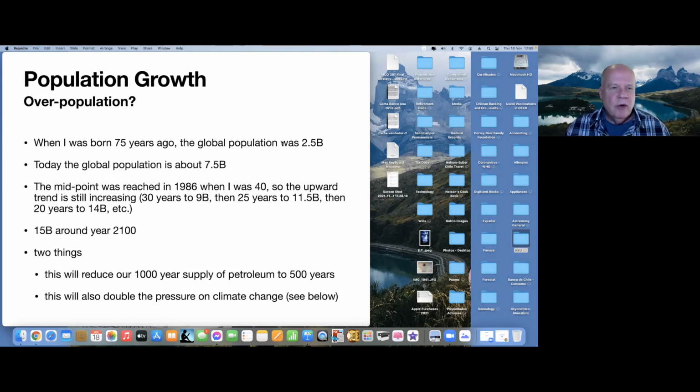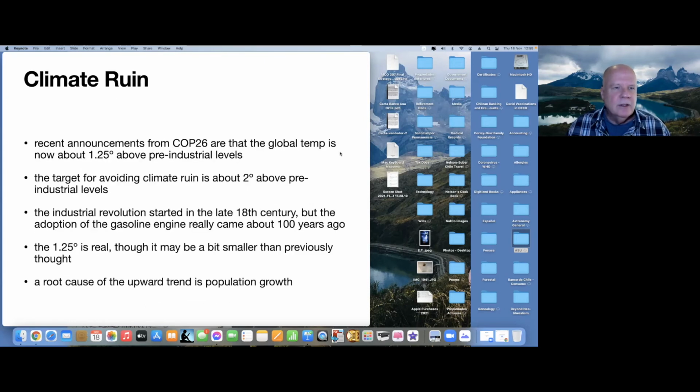In addition, of course, population growth, overpopulation, is going to have some pressure on climate change. So we'll talk about that a bit. So climate. Recent announcements from COP26 are that the global temp is now about 1.25 degrees above pre-industrial levels.